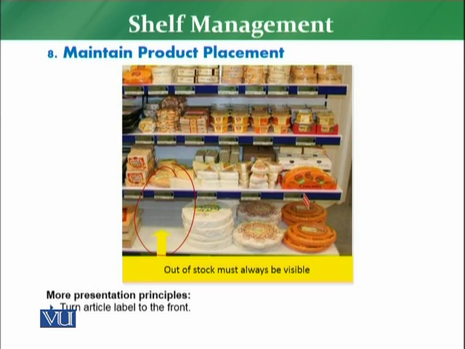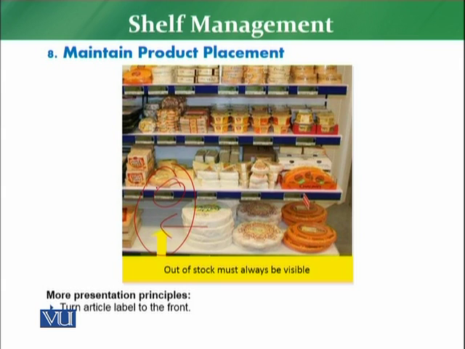The basic principle is that you need to maintain the place for this article so that the customer knows that you carry this product in your store, but at the moment it is not available. Just imagine if this place is filled with another product, then the customer will think maybe you do not have this product which the customer wants to buy at that particular time from your store, because you have filled that place.